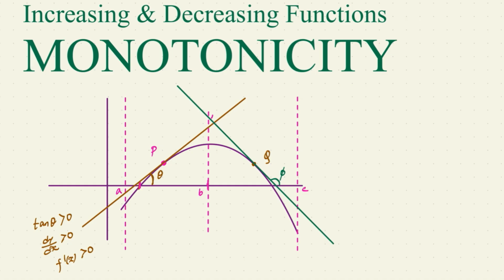The slope of this tangent will be tan phi. Since phi is an obtuse angle, it lies in the second quadrant, and in the second quadrant tan is always negative. That means tan phi will be less than 0, and the slope is dy over dx. So dy over dx should be less than 0, or we can also write this as f dash x is less than 0.